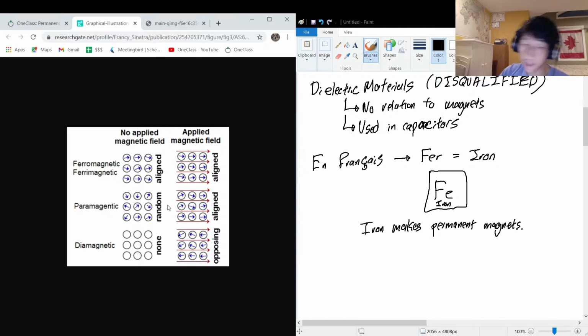But you can see paramagnetic, that would be stuff like, trying to think, aluminum, and metals like that are not magnetic on their own, but they are magnetic when you apply a magnetic field to them. And I guess diamagnetic, we have no unpaired electrons, and yeah.